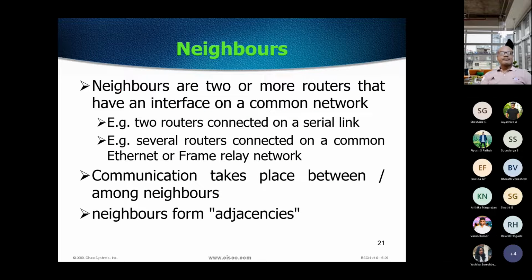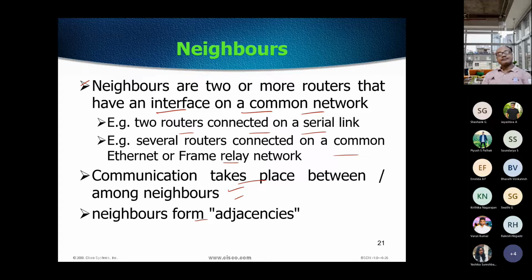And your neighbors are two or more routers having an interface on a common network. For example, two routers connected on a serial link, or several routers connected to a common Frame Relay network. Communication takes place among the neighbors. Neighbors should be connected in the same network, not a different network, guys.